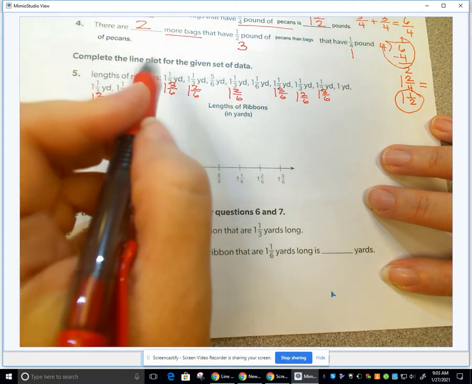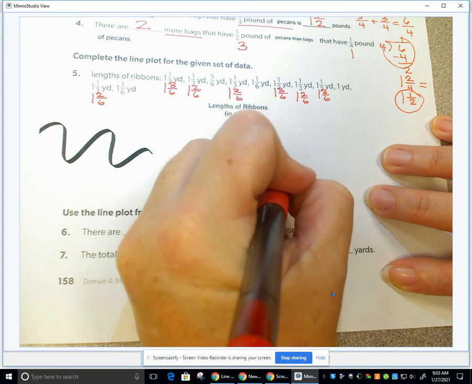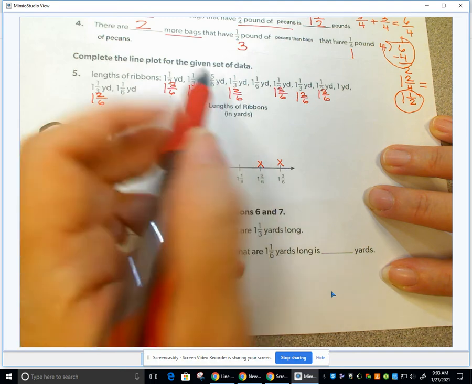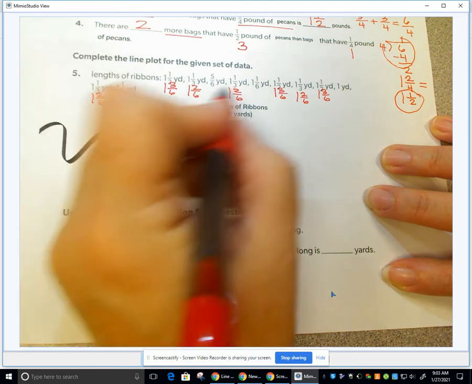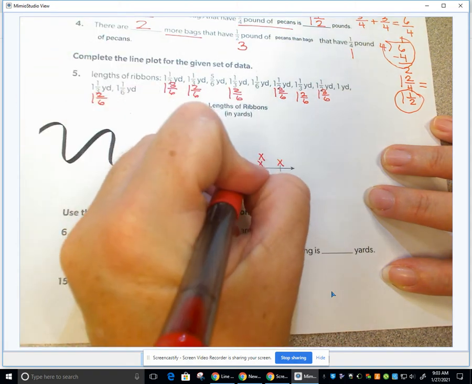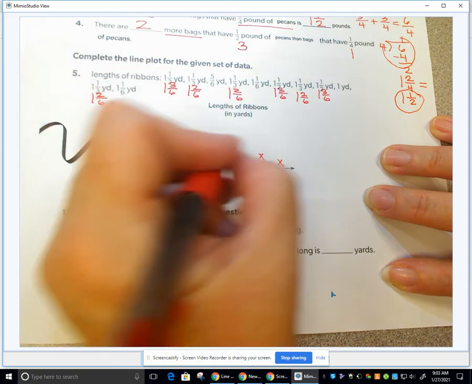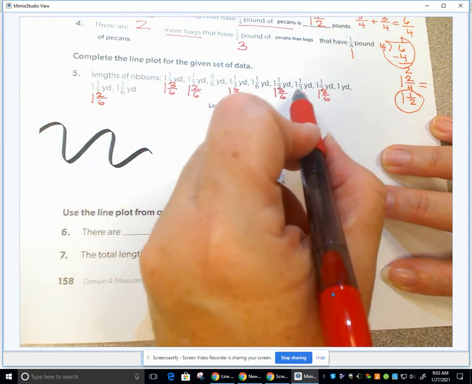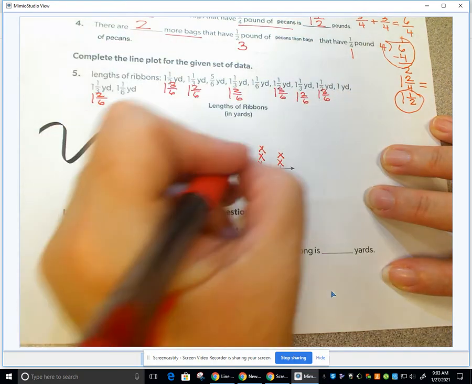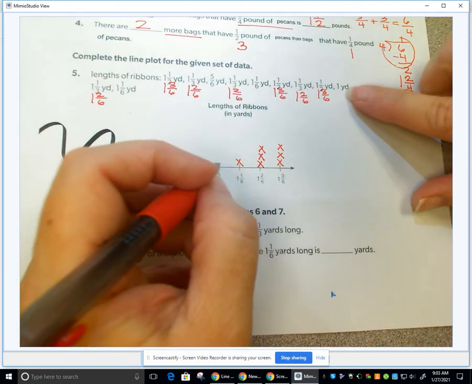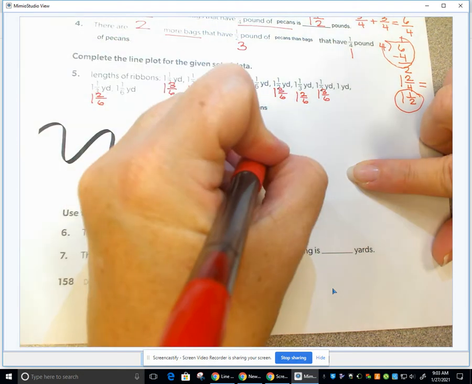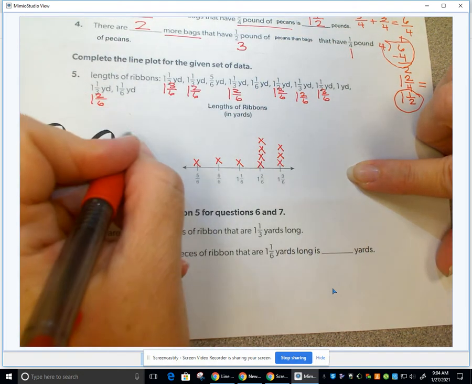I want to go in order up here. 1 3/6, put an X. 1 2/6, I'll put an X. 5/6, 1 2/6, 1 1/6, 1 3/6, 1 1/3, which will be 1 2/6, 1 3/6, 1 whole, we know that would be the 6/6, 1 2/6, and then 1 1/6.